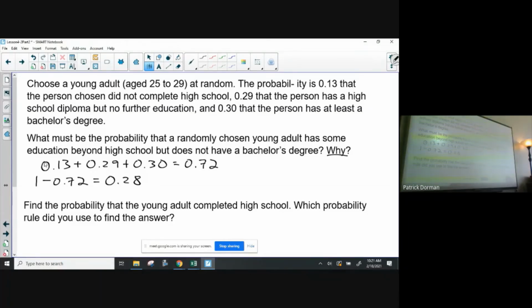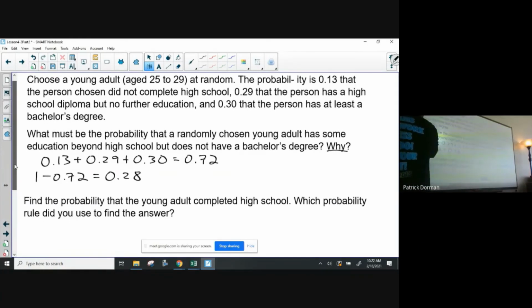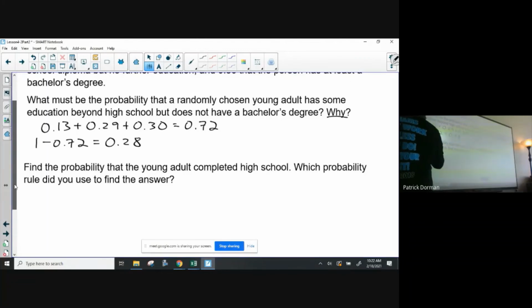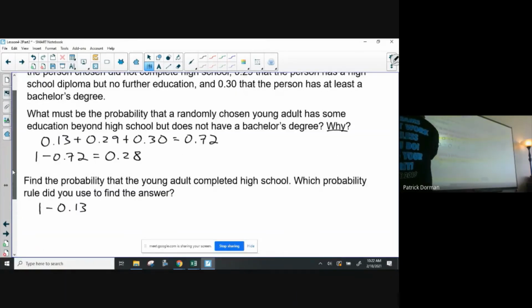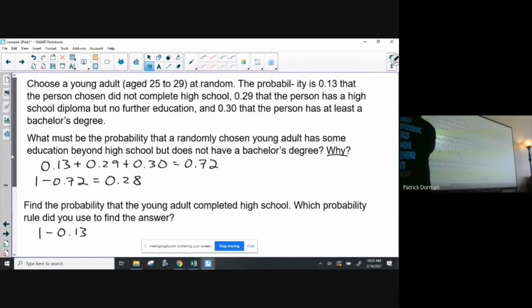We could add up everything else and subtract from 1, but wouldn't it be the case that everybody but the people who did not complete high school completed high school? So we could take the complement. We would get whatever's left.